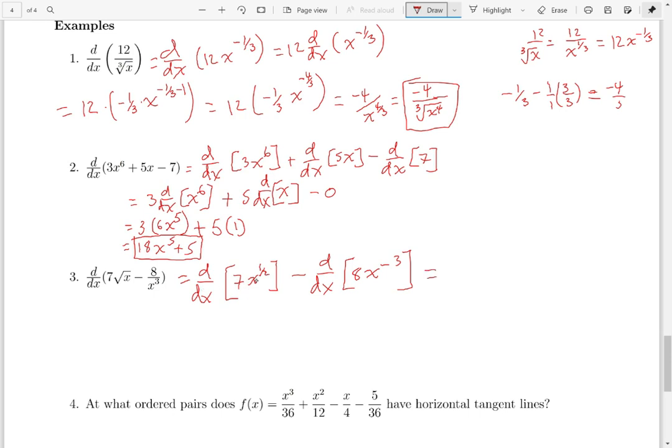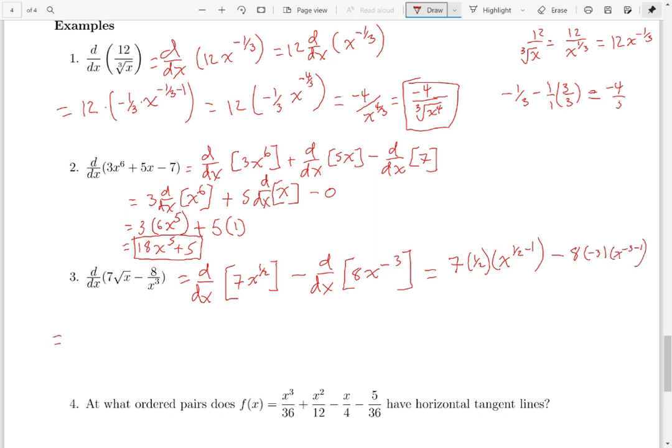The derivative of 7 times x to the 1/2, that 1/2 comes out front. That's 7 times 1/2 times x to the 1/2 minus 1. Then the derivative of 8 times x to the negative 3rd is 8 times negative 3 times x to the negative 3rd minus 1.